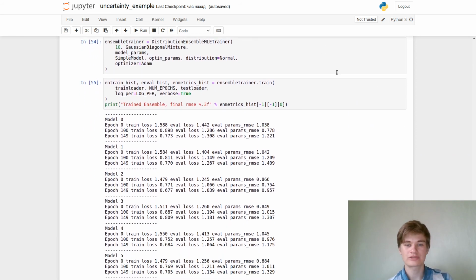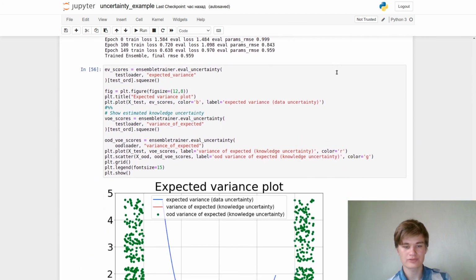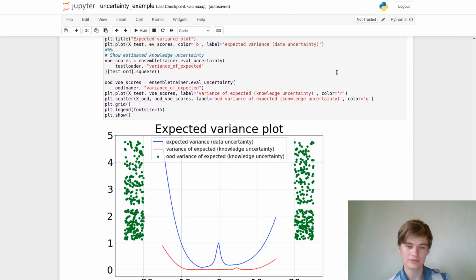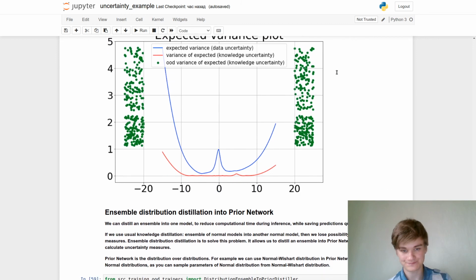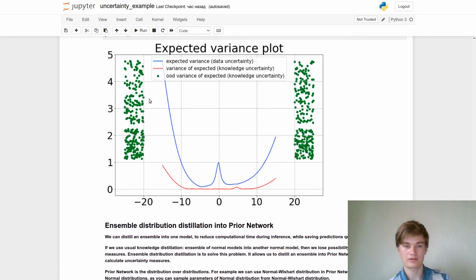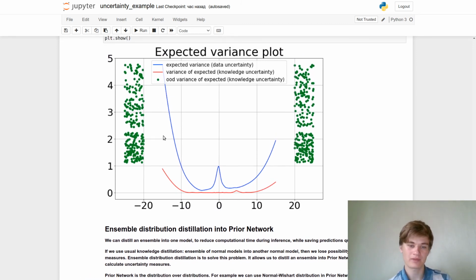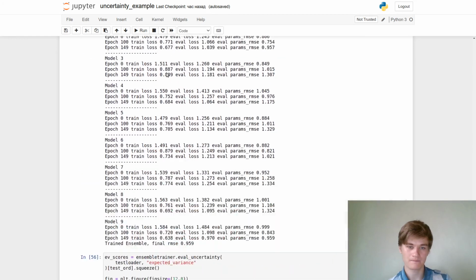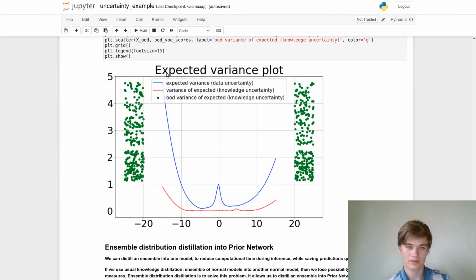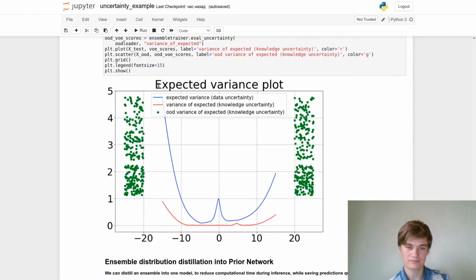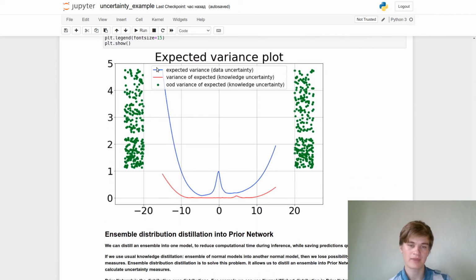We can also train an ensemble of Gaussian models. Then the picture will be like this. Here we also have expected variance.